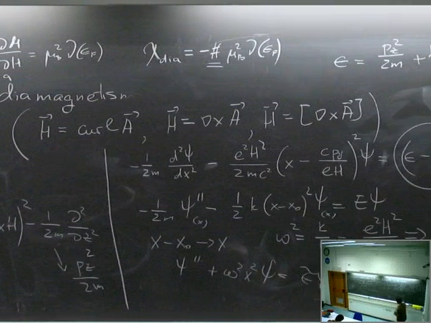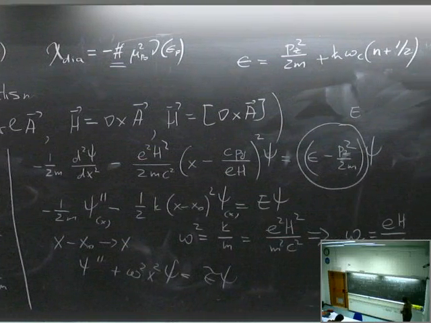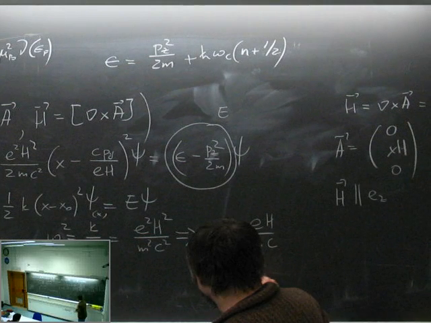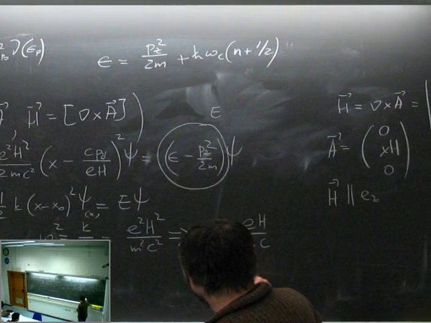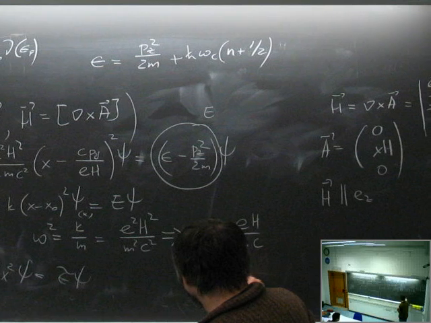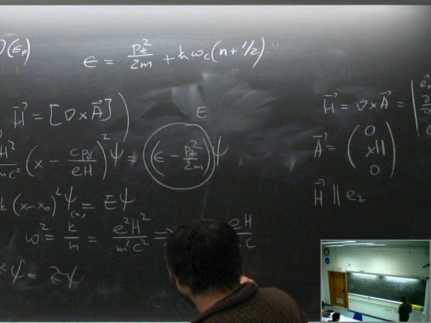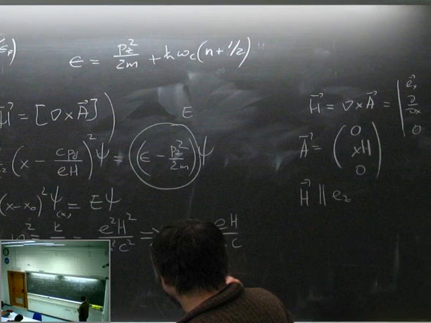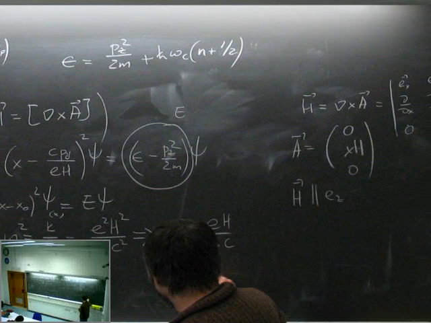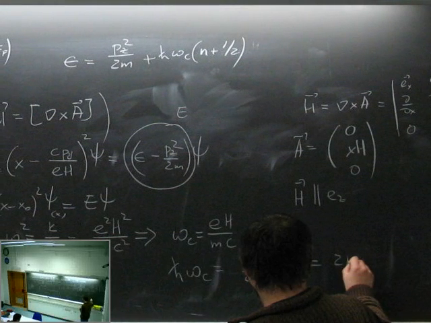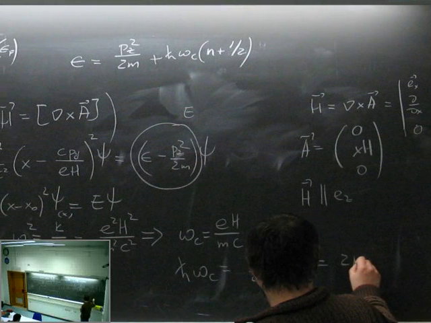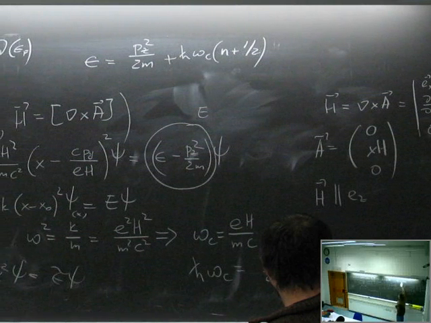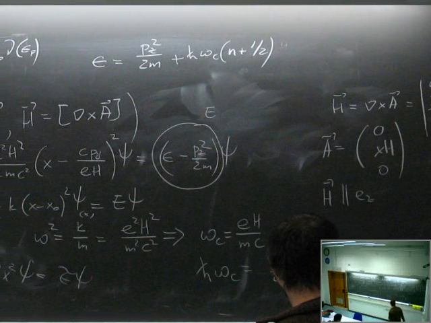Also, sometimes I will put h bar omega_c, but what is h bar omega_c equal to? h bar omega_c is equal to eh over mc times h. So it is equal to, I put 2 and 2 here, 2 Bohr magneton times H. So this frequency is proportional to magnetic field.